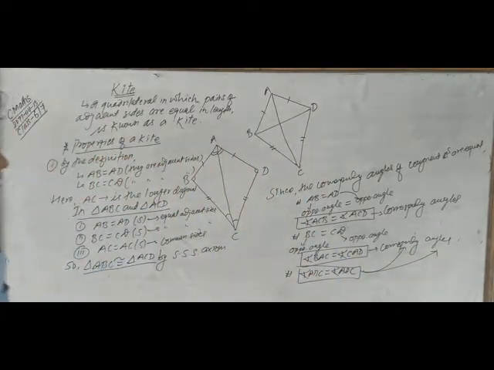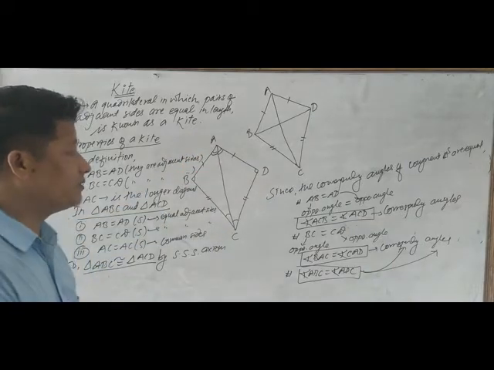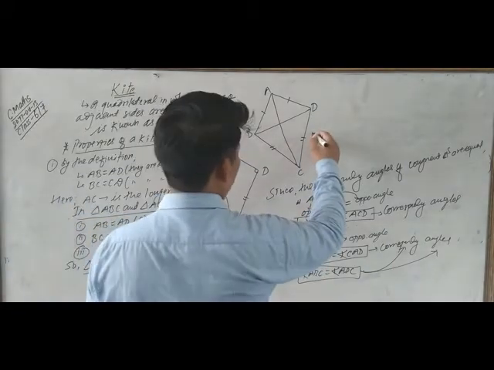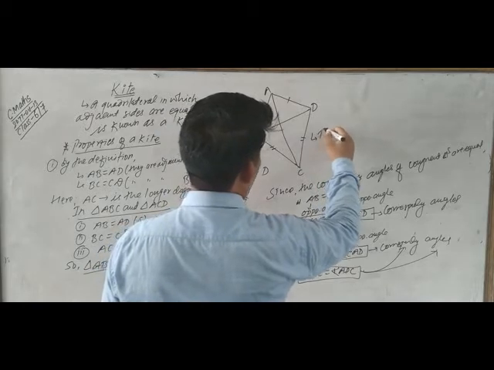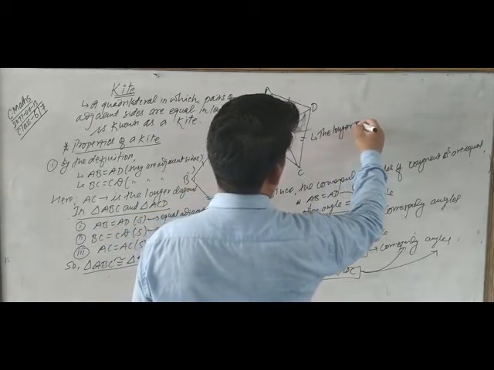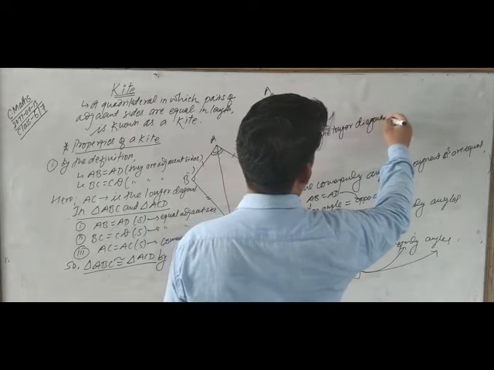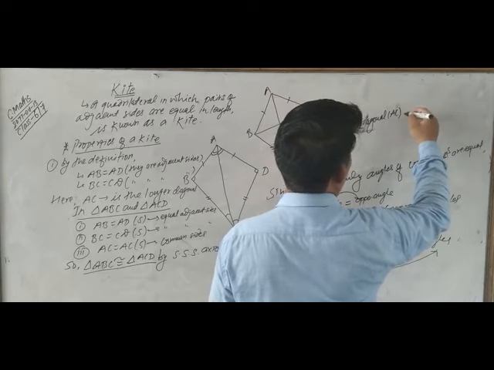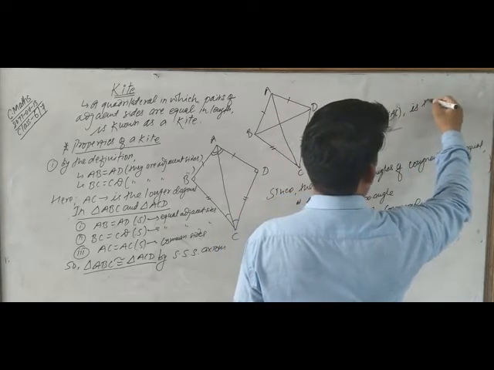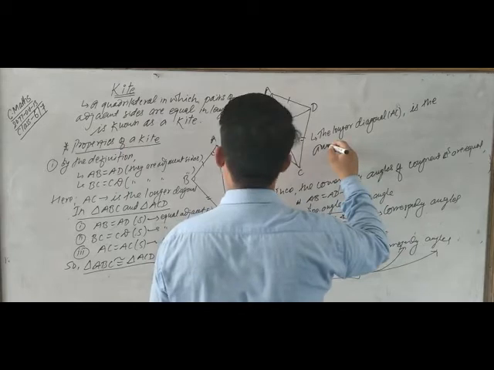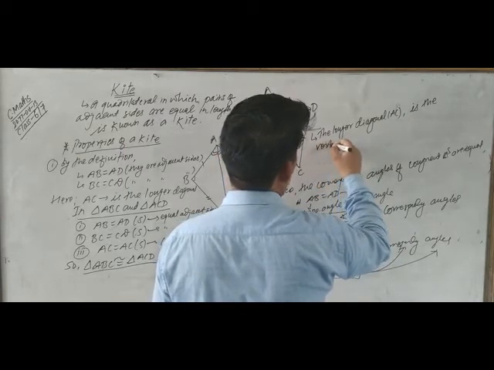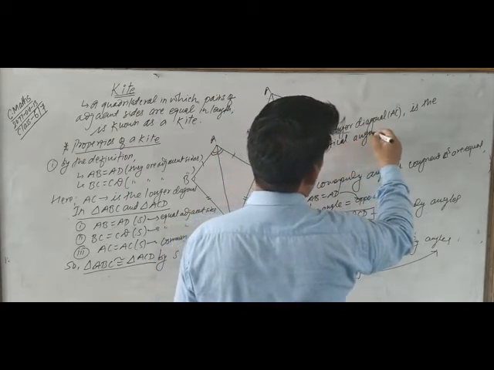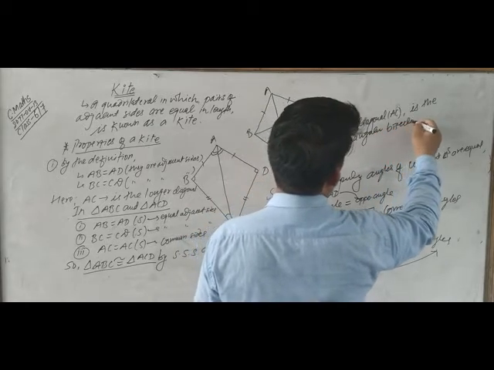Dear students, in this way we can derive the properties. Talking about the longer diagonal, which is called AC, the longer diagonal AC of the kite is the perpendicular angular bisector.